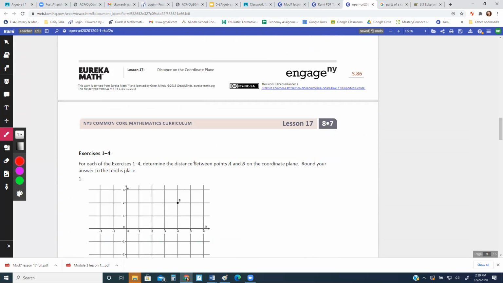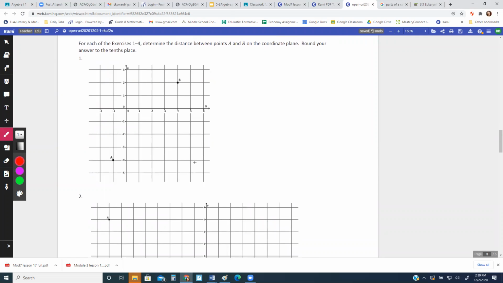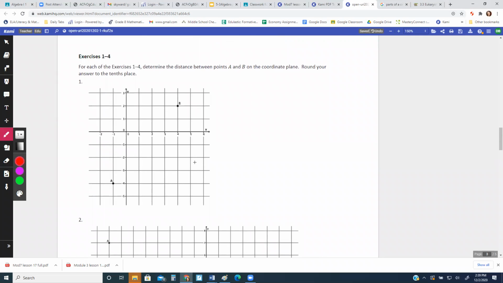I'm going to go ahead and do one more for you, and then I think we're going to be done. This is really a pretty straightforward assignment and very straightforward concept. It's just how to apply the Pythagorean theorem on the coordinate plane. So we've got A and B. A is right here. B is up here. I've been making the hypotenuse purple or red. Let's keep making it red.